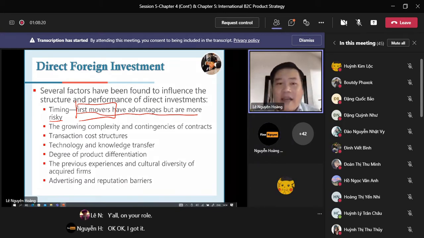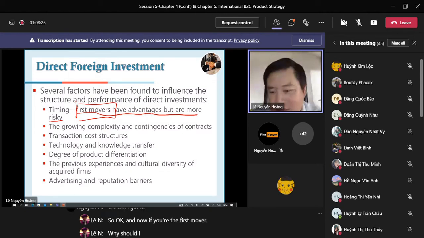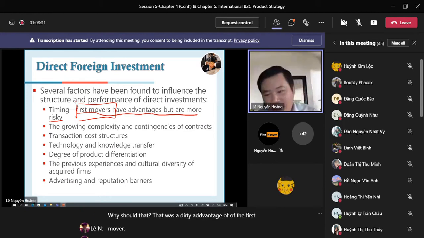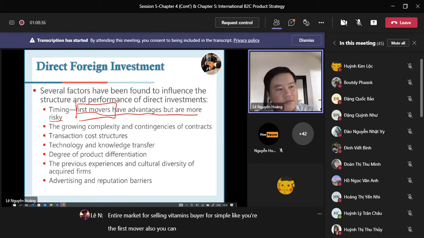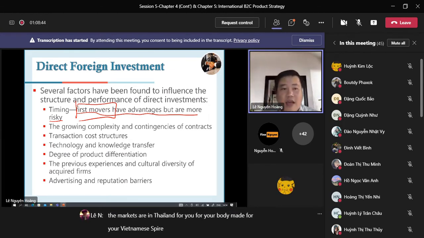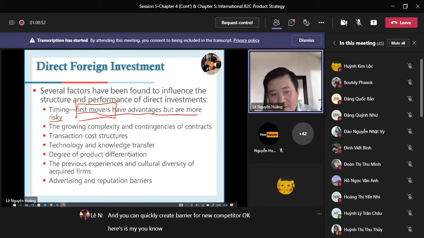So now if you're the first mover, what's the advantage in the Thailand market for selling Vietnamese baguette? You can quickly get the market share in Thailand for your bánh mì, for your Vietnamese baguette, and you can quickly create a barrier for new competitors. Here is my market, and I don't want anyone else to come.